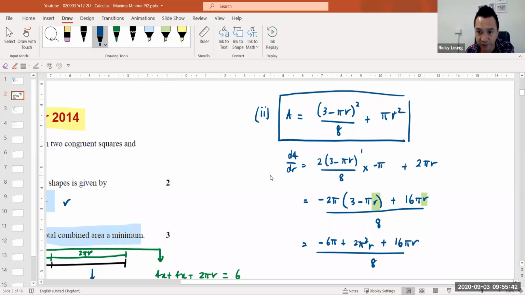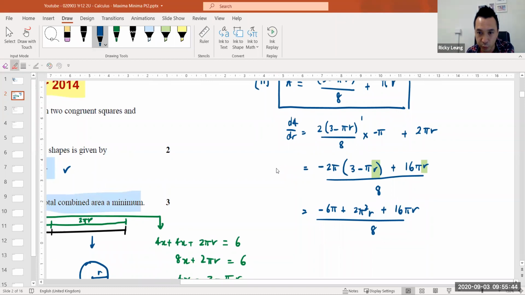Yep, so I'm almost there. I can do 2 more things to clean this up: divide everything by 2, top and bottom, and then maybe factorize the r out. So I get minus 3 pi plus, the 2's go away, maybe the pi as well.